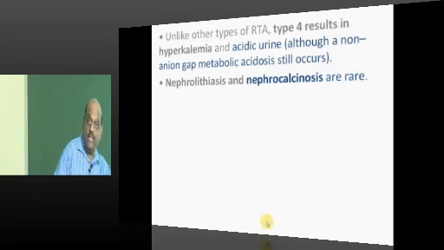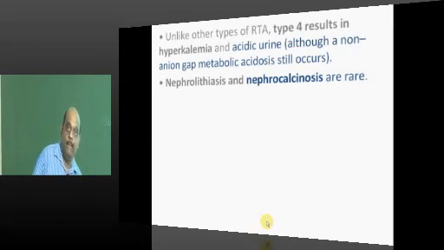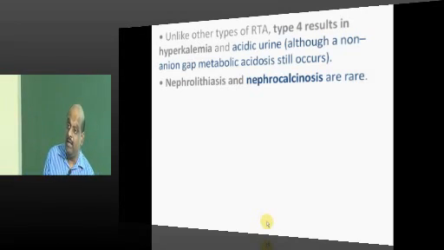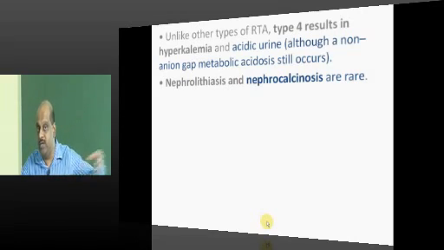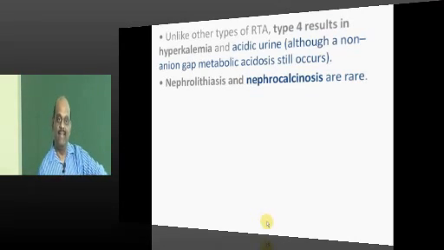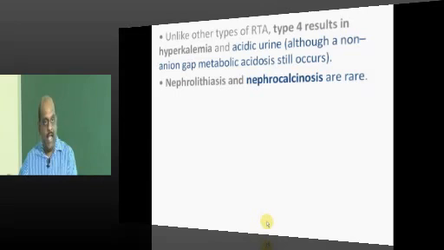Why alkaline pH in proximal RTA? Because in proximal RTA, bicarbonate in urine is there. Why alkaline pH in the urine in distal RTA? Because in distal RTA there is no H plus secretion, hence there is alkaline pH. But if it is type 4 RTA, what do you come across? Type 4 is hyporeninemic hypoaldosteronism.